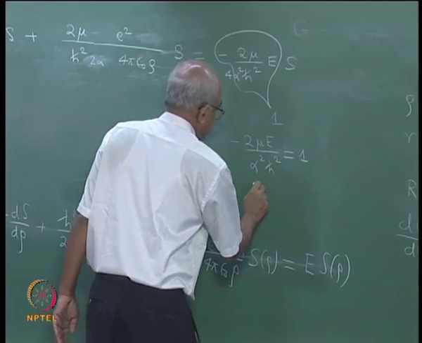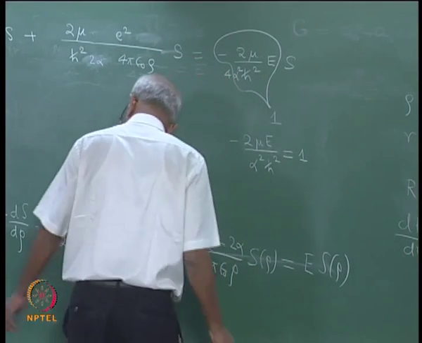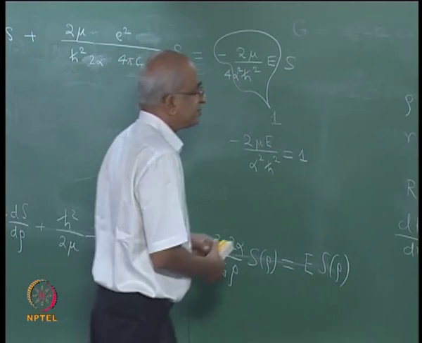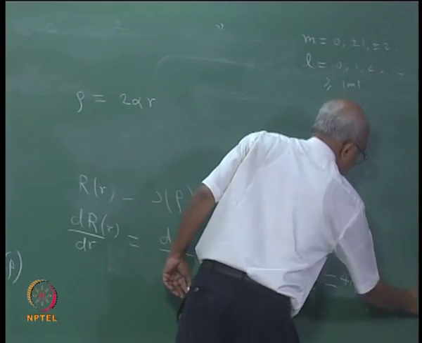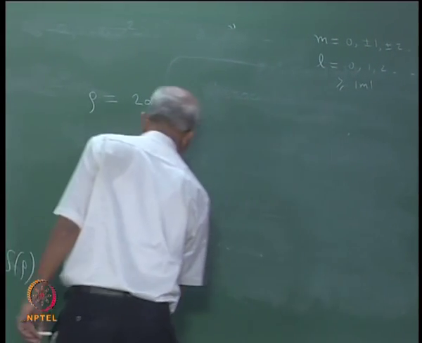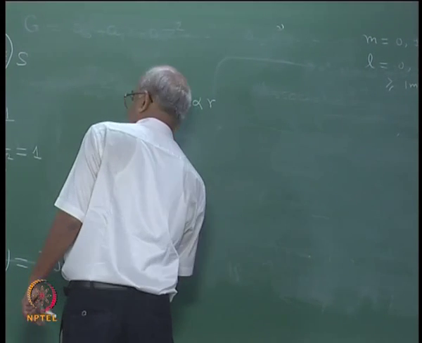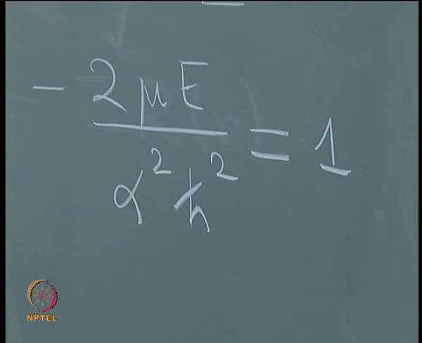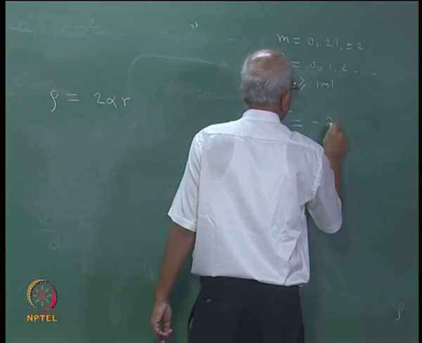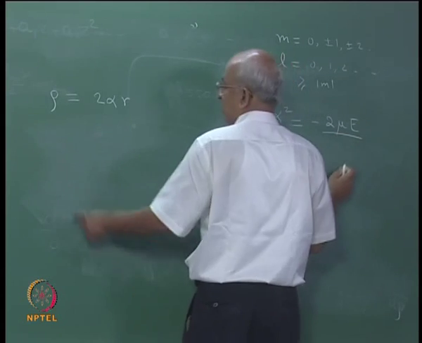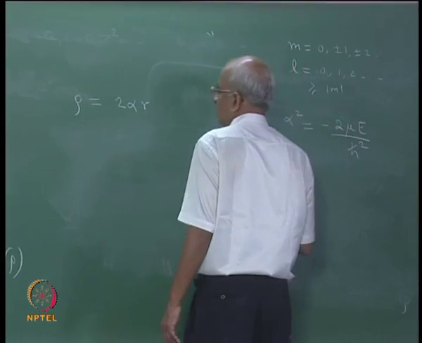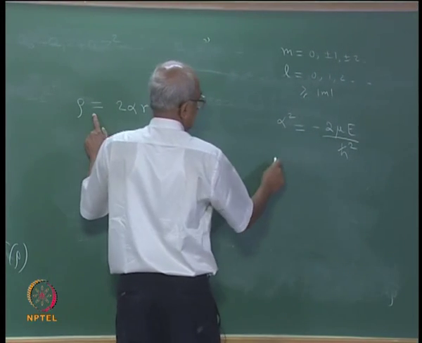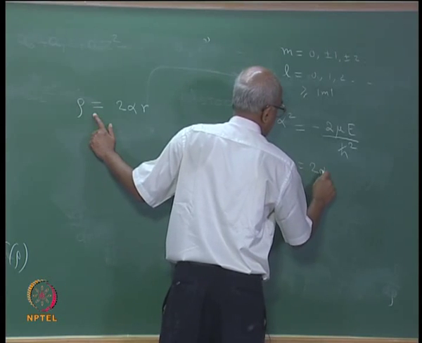Or it says that alpha square must be equal to something. What is that something? Alpha square must be equal to minus 2 mu E divided by h cross square, and this rho of course is defined to be equal to alpha r.